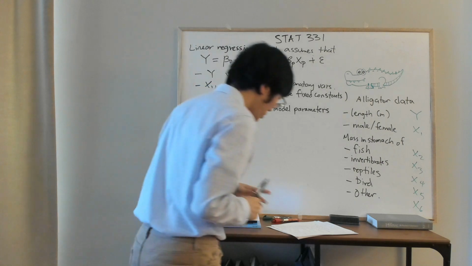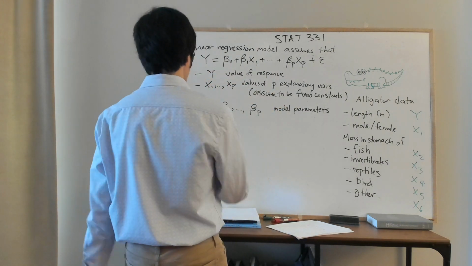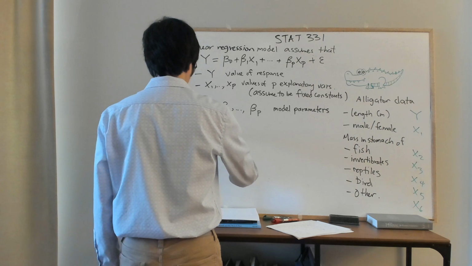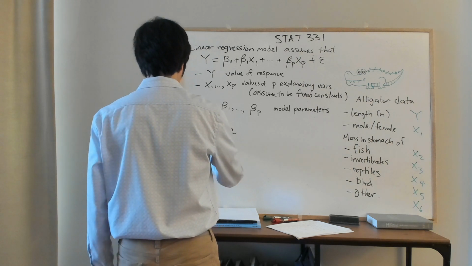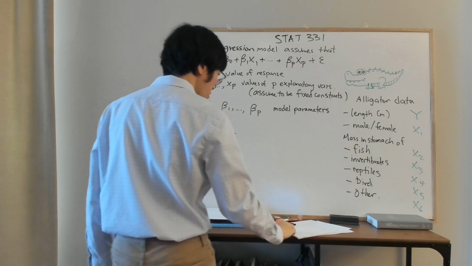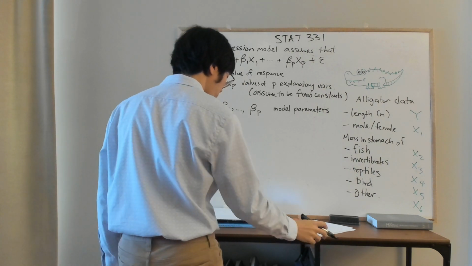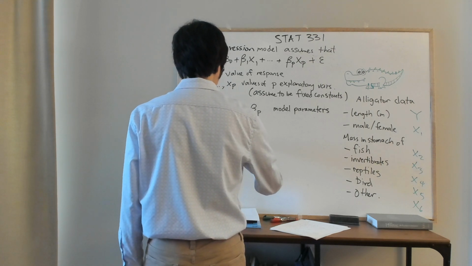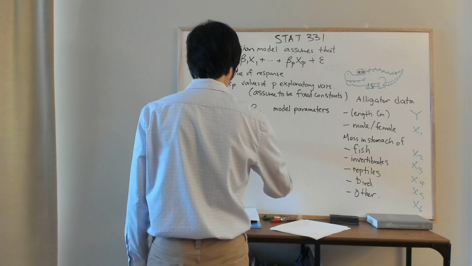I'll write this down: the expected value of y when all xj are 0.